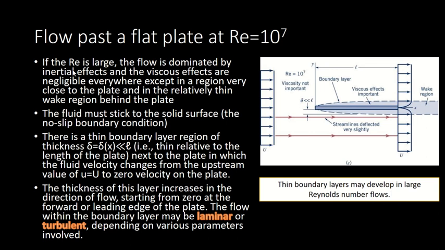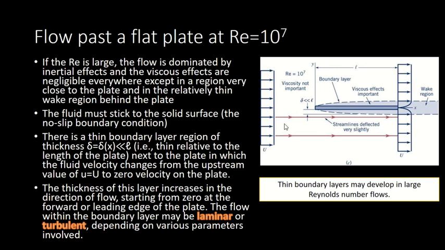Okay, so if the Reynolds number is large enough, the flow is dominated by inertial effects. At this region, the flow is dominated by the incoming velocity, which is the inertial effect. The viscous effects are negligible everywhere except in the very thin region close to the plate. The fluid must stick to the solid surface, where the no slip boundary condition must be used.